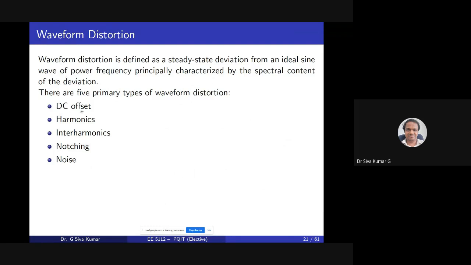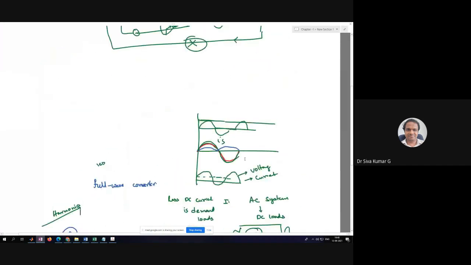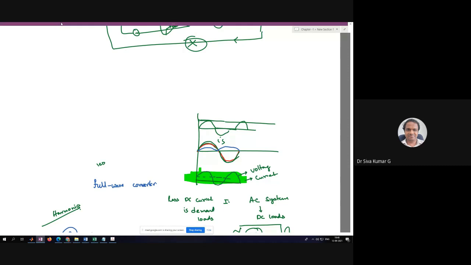We have seen that a DC offset changes the ideal sine waveform, creating waveform distortion. In this graph, because we added a DC offset to the voltage, there is a shift, and the DC offset deviates from the ideal sine waveform.